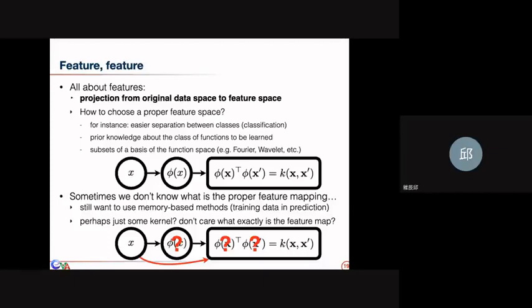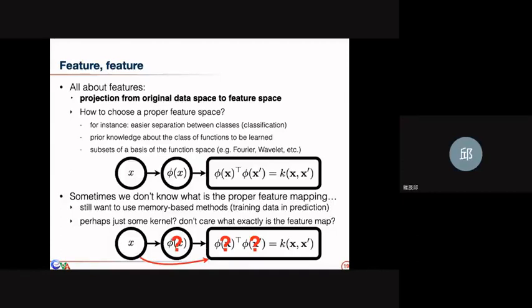Maybe I don't really care how to compute exactly the feature mapping. Once I know there is a kernel function, and this kernel function is related to a certain feature representation, even if I don't know how to compute such a feature representation, but I know how to compute the kernel, then perhaps that is already enough.